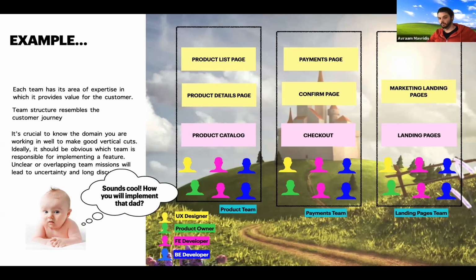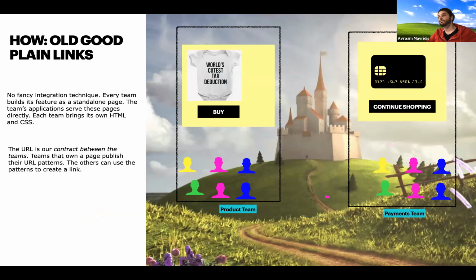Okay, that sounds cool. How would you do that? One example, the simplest example, is with plain links, no fancy integration technique. Every team builds an application independently. The contract between the teams is the URL.